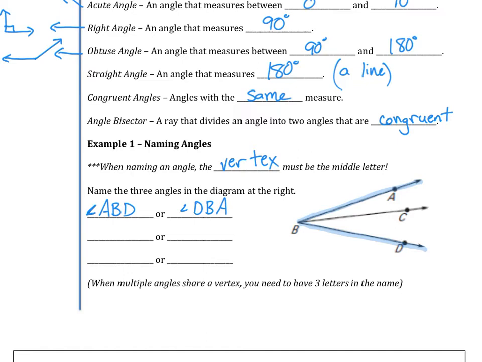Let's change colors. Let's do green. If I take the green angle, the green angle could be angle ABC or angle CBA. Means the same thing. And lastly, I will do yellow. There's a third angle here, this yellow one. This is angle CBD and angle DBC.